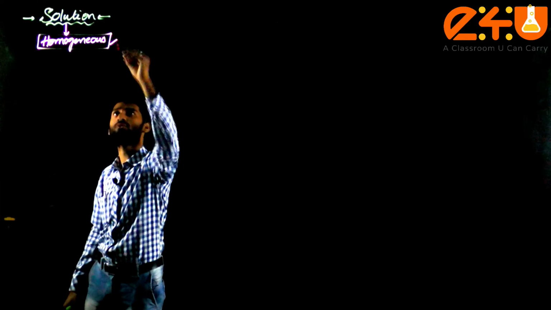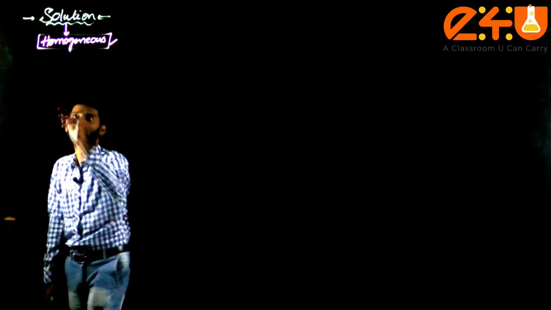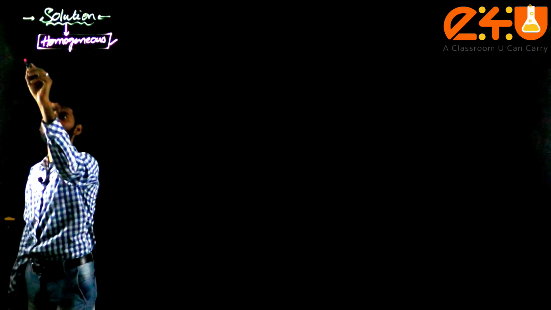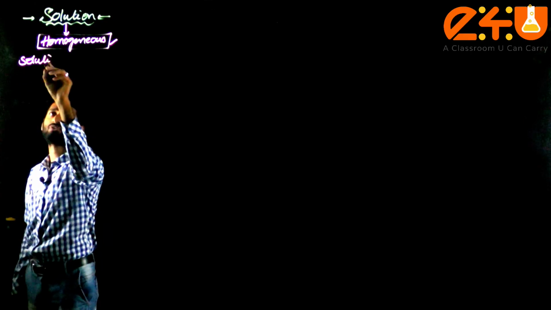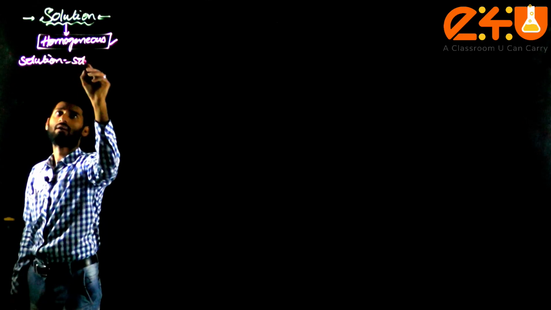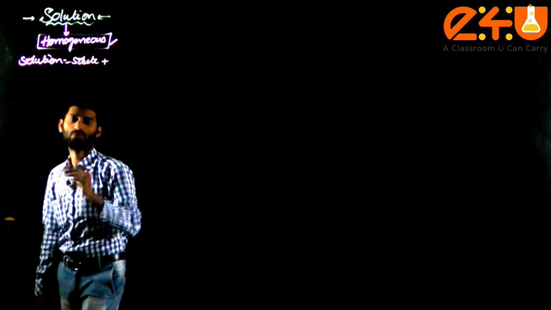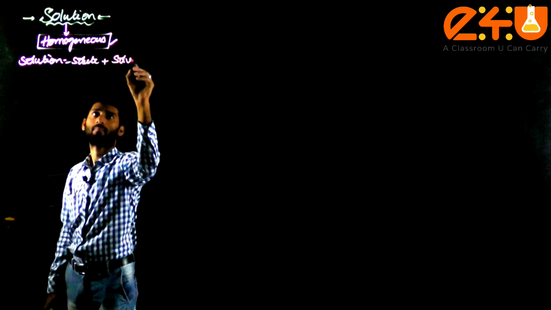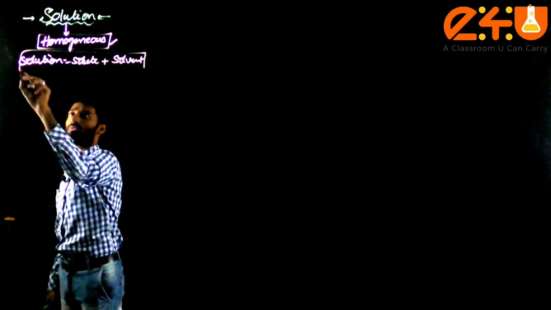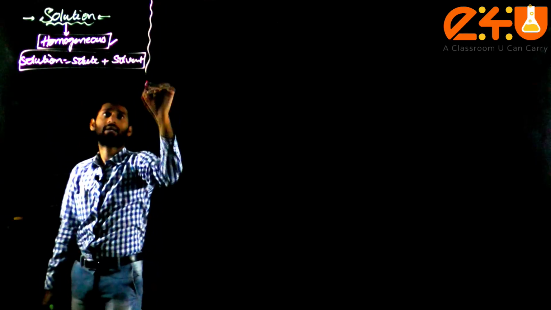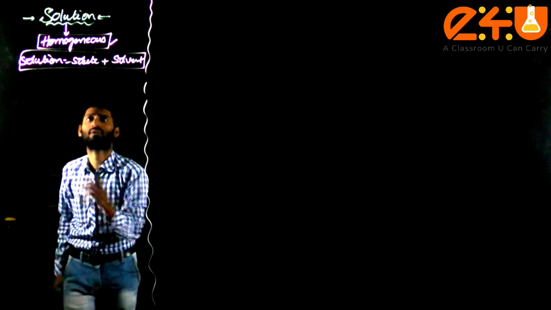Now we understood that a solution comes under homogeneous mixture but not heterogeneous mixture. And what are the components here? Already we studied in the lower classes: solution equals solute plus solvent. What is meant by solute?